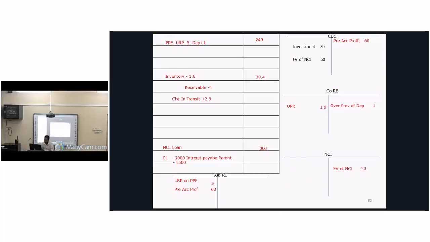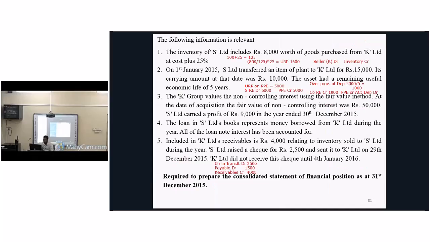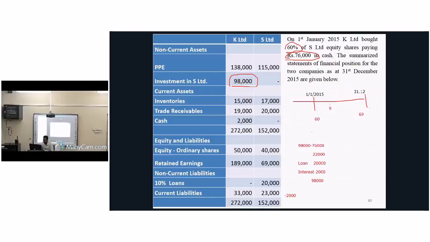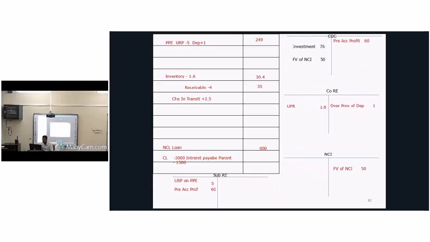Sorry. Cash 2000, and check in transit 2.5, we can take as it is.